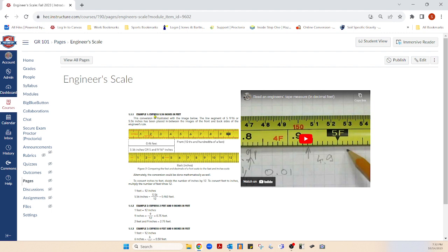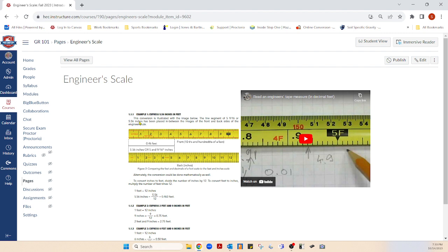Example one is express 5.56 inches in feet. So 5.56, what is that in feet? If I want to convert inches to feet, I would need to divide 5.56 inches by 12.